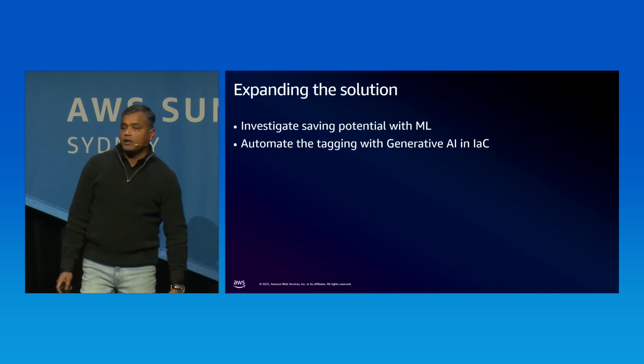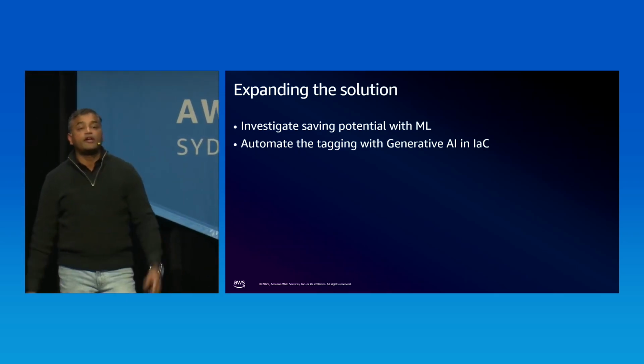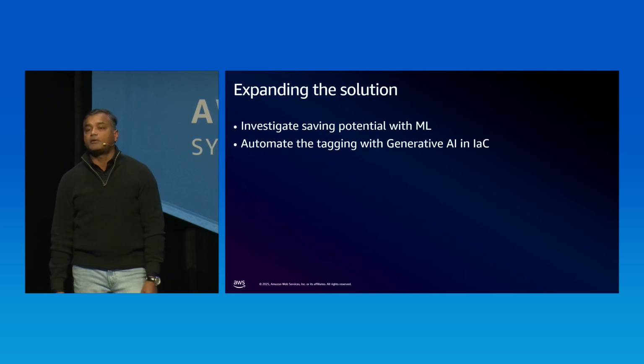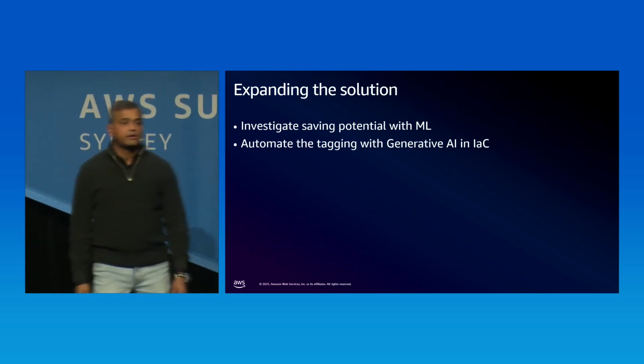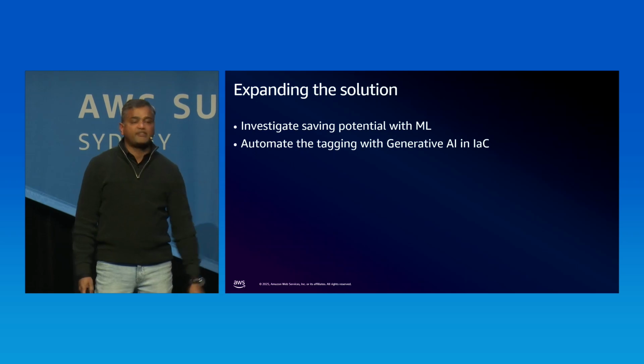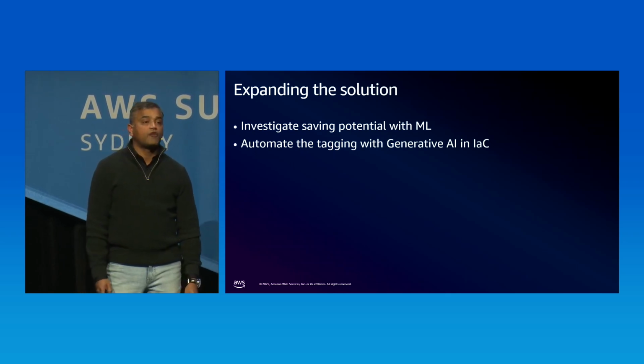So all in all, this innovative solution, intelligent power management, not only helped us to save money and improve efficiency, but also helped our teams to manage their environments efficiently.